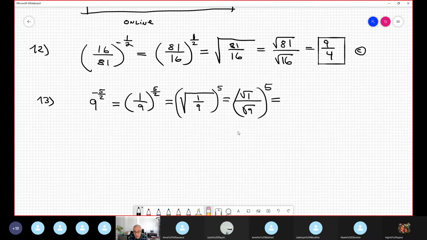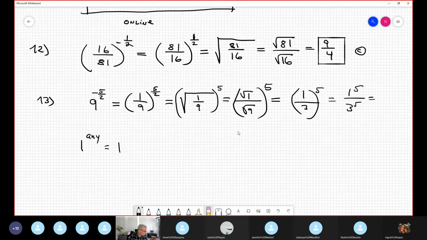And radical 1 is 1. 1 is a magic number. Okay, 1 to any power, or any root, is 1. It's trivial. And the square root of 9 is 3, raised to the 5th power. Again, 1 to the 5th power is 1. And 3 to the 5th power is 3 times 3 times 3 times 3 times 3.